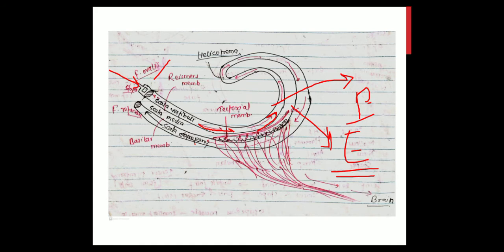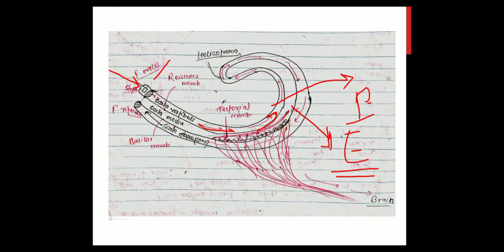This was the concept, guys. This is the mechanism of formation of the sound impulse. After that, the vibrations are passed to the scala tympani from the basilar membrane, and these vibrations are passed outside from the round window, which is called the fenestra rotundus, and then further passed outside through the Eustachian tube.